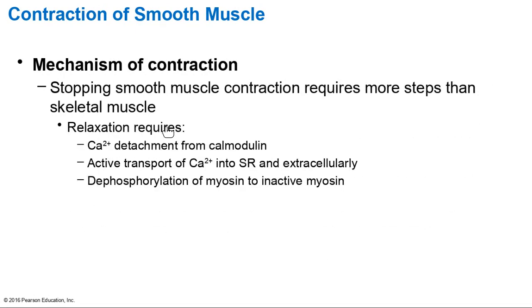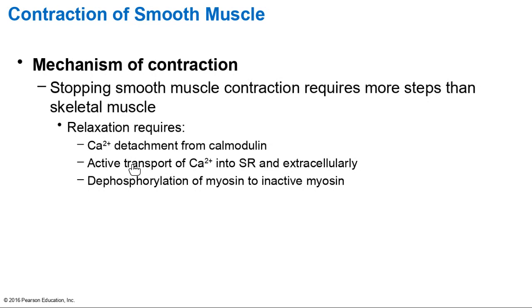How do we stop smooth muscle contraction? Well, we need calcium to detach from calmodulin, right? And similarly to skeletal muscle, we're going to actively transport calcium back into the SR, and we're also going to send some of it back out into the ECF, right?